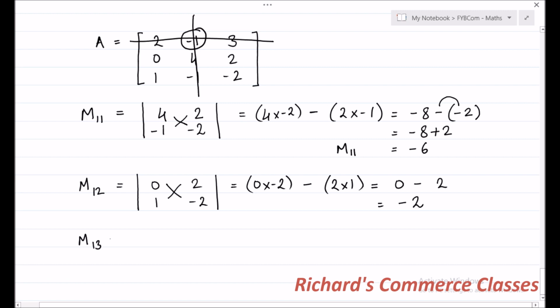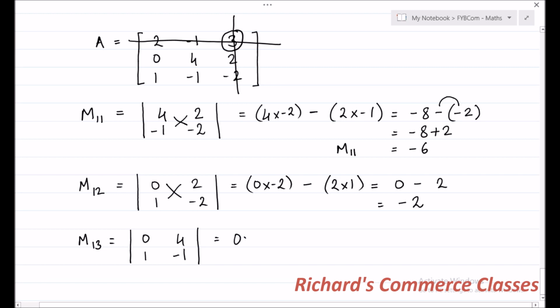For M13, let's see what happens. M13 is the first row but the third column, so the element is 3. Delete the row and column containing this 3, and the remaining elements will be written in a 2 by 2 matrix, and that is 0, 4, 1, minus 1.